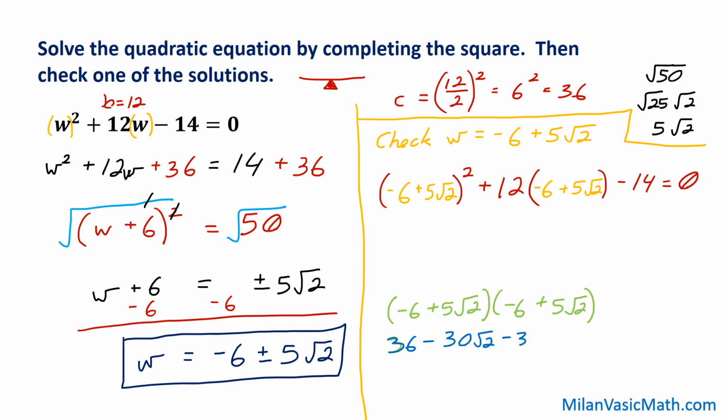And then I get that again. And 5 times 5 is 25. Radical 2 times radical 2 is radical 4. So that's 25 times 2, which is 50. And 50 plus 36 gives me 86 minus 60 radical 2.